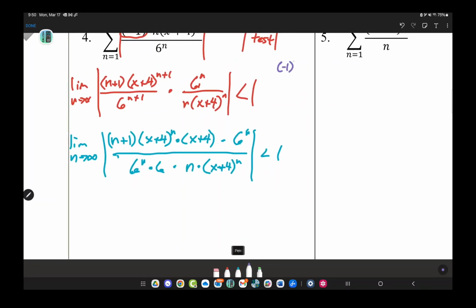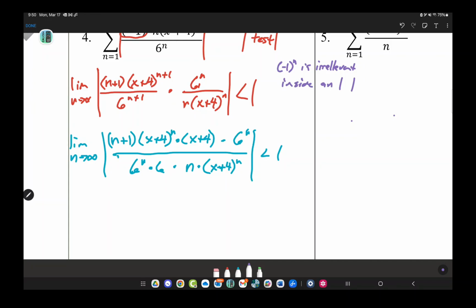Negative 1 to the n is irrelevant inside an absolute value. What happens to the absolute value of positive 1? It's 1. What happens to the absolute value of negative 1?